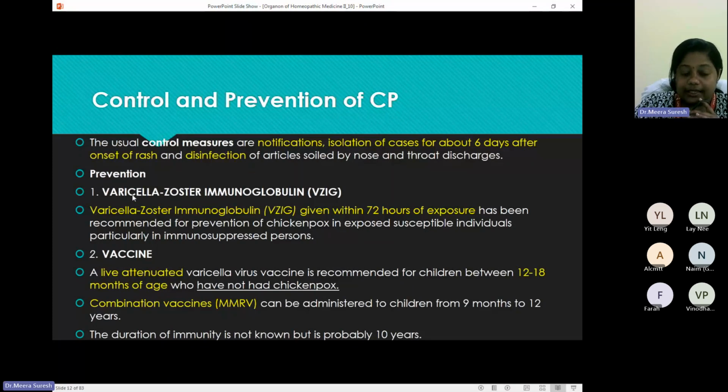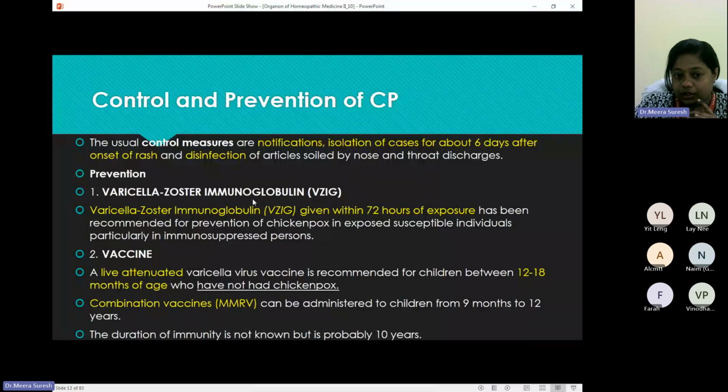Prevention: there is actually a vaccine, and also there is the immunoglobulin. The vaccine will be giving the active immunity, where we introduce the antigens, and the person's immune system will produce antibody against it.